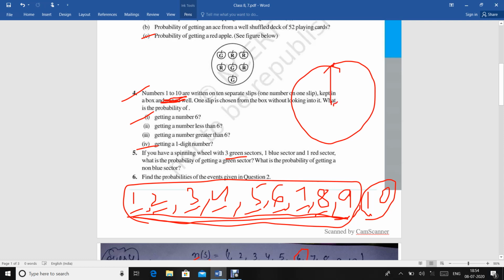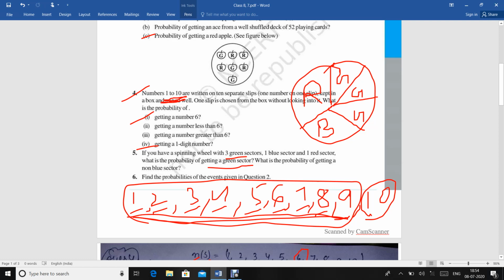Suppose this 1, 2 and 3. This is green and this is green. 1 blue sector and 1 red sector. Suppose this is the blue sector and this is the red sector. What is the probability of getting a green sector?